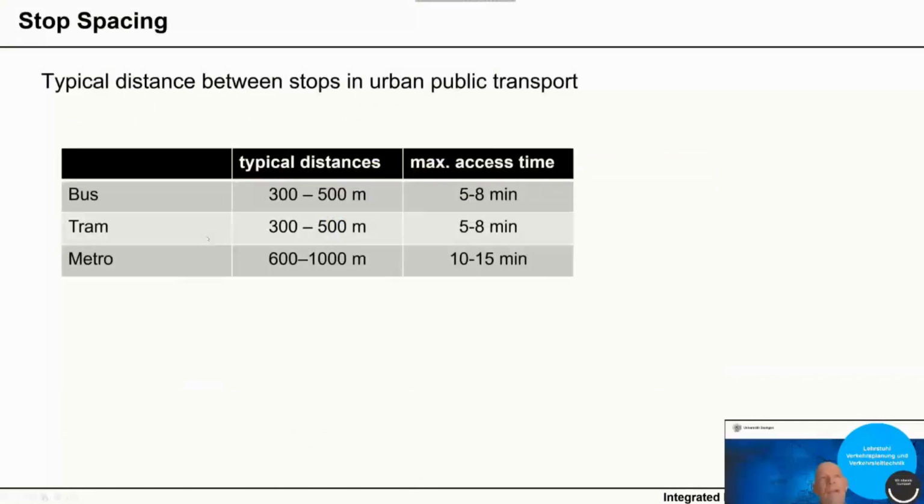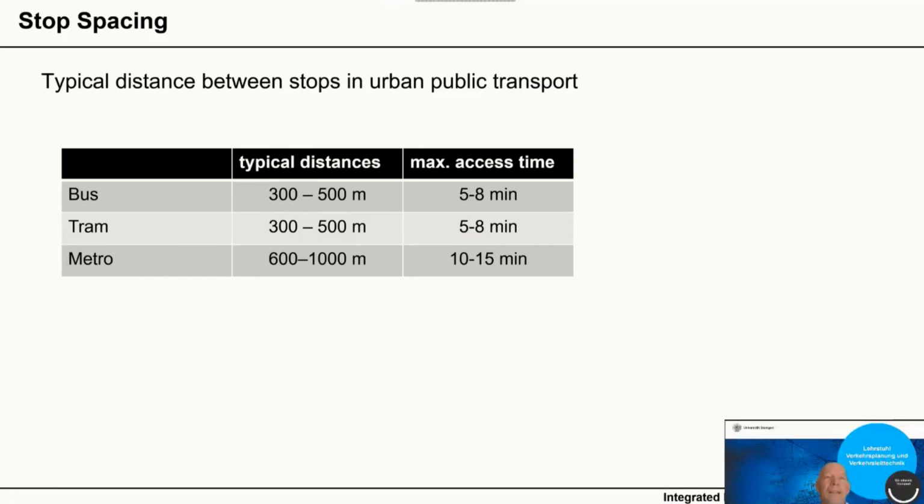In reality, public transport planners often do it in a different way. They decide where they want to have stops. They look at the maps, they look at densities, but they look at guidelines. And I asked you yesterday, what are maximum distances to the nearest bus stop or the nearest metro stop?